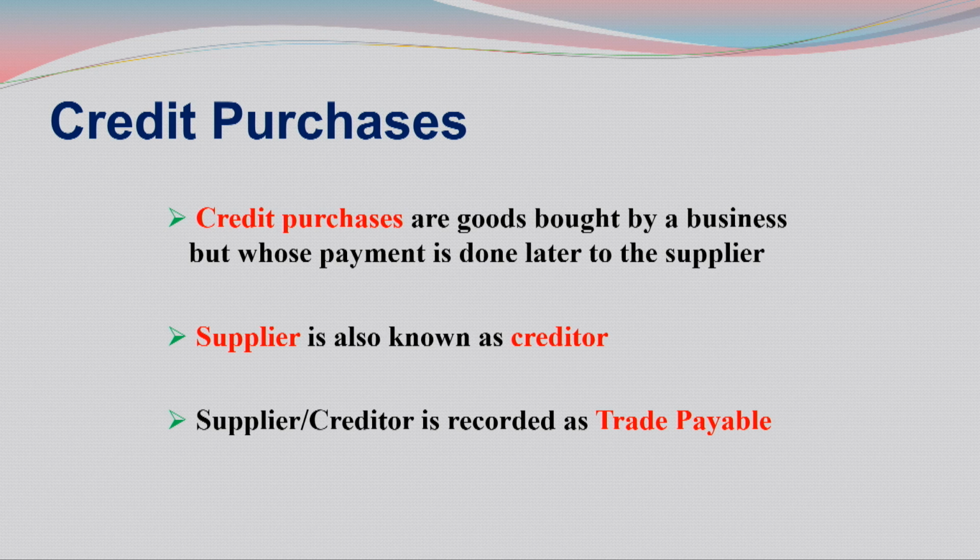For example, we purchase goods today and we pay for the goods after 3 months. The supplier is also known as the creditor. Supplier or creditor is recorded as trade payable.